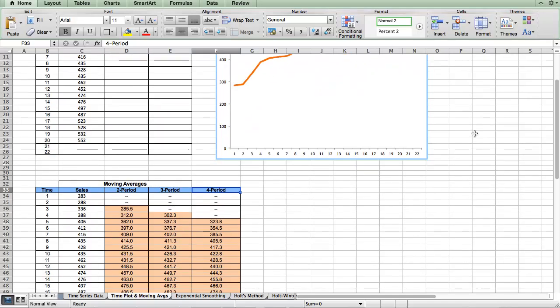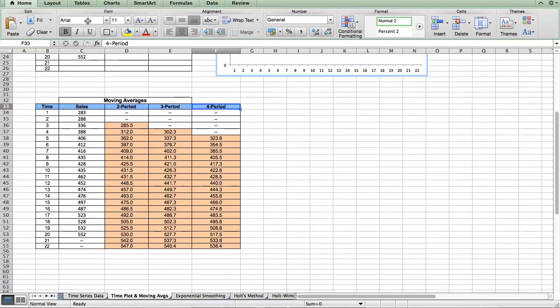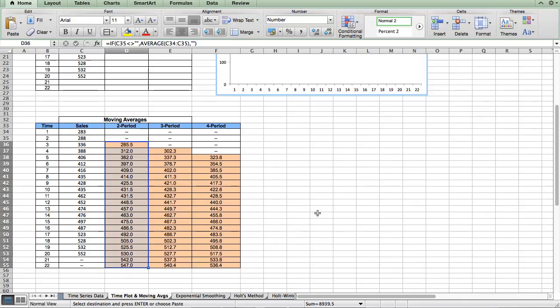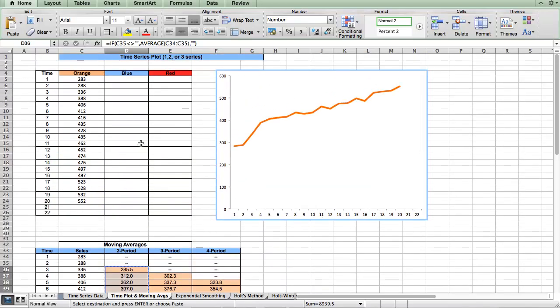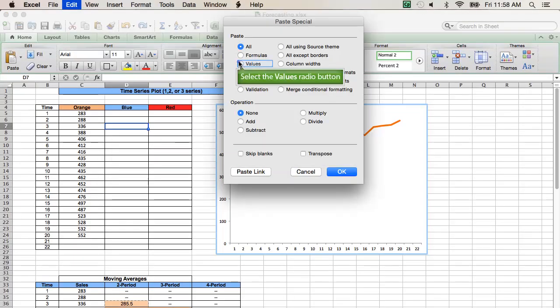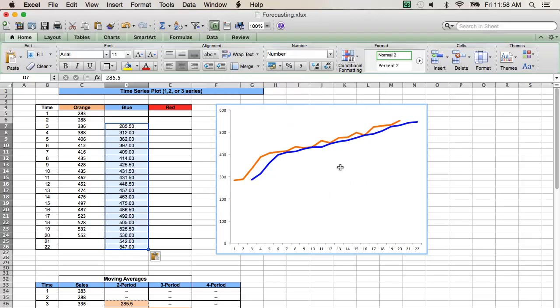But we don't want so much of that to come out that we end up overestimating or underestimating with our moving average. For example, if I were to add our 2-period moving averages to the time plot, we could see that the moving average does suppress some of that noise.